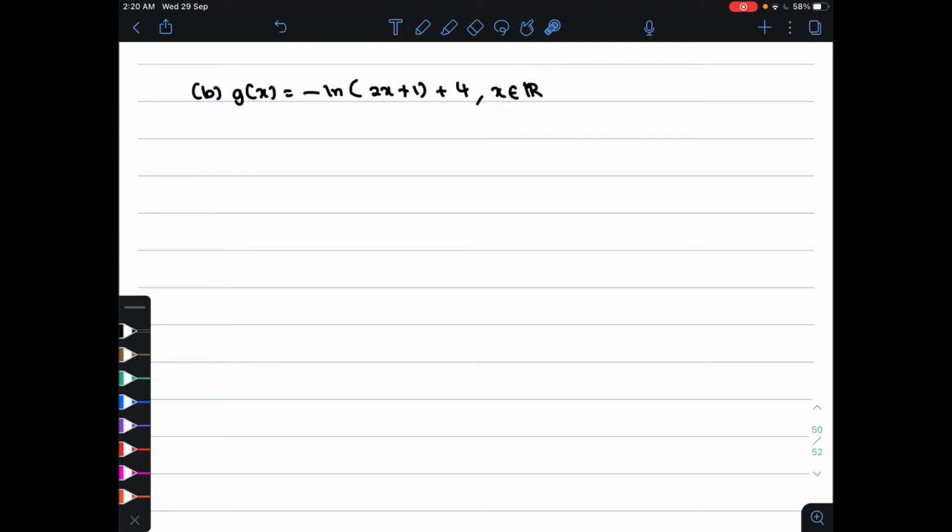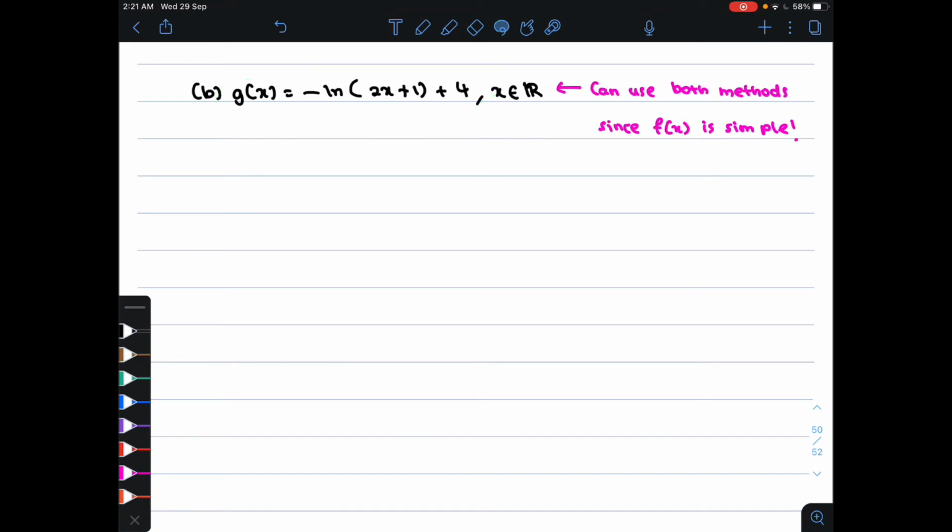Maksud miss, kalau ada extra condition yang menyusahkan kamu, contohnya dia kata x more or equal to 10 for example, that one yang baru kita anggap function ni susah sikit. But this one we have x as an element of real number line kan. So this one kita anggap function ni sebagai simple.